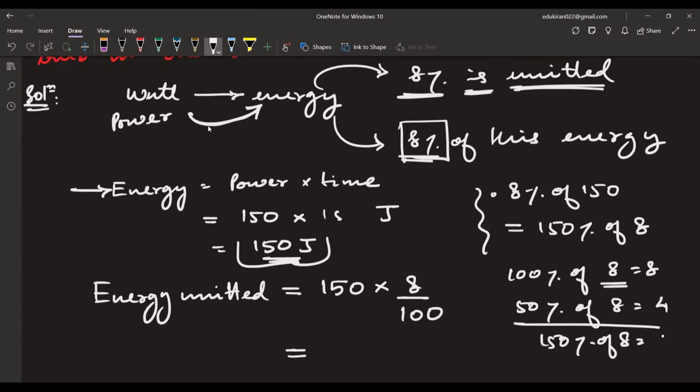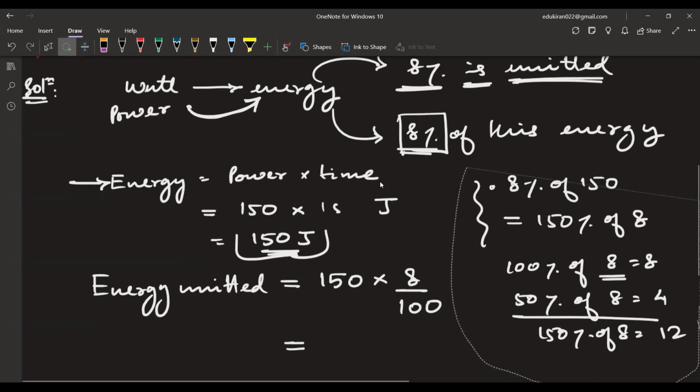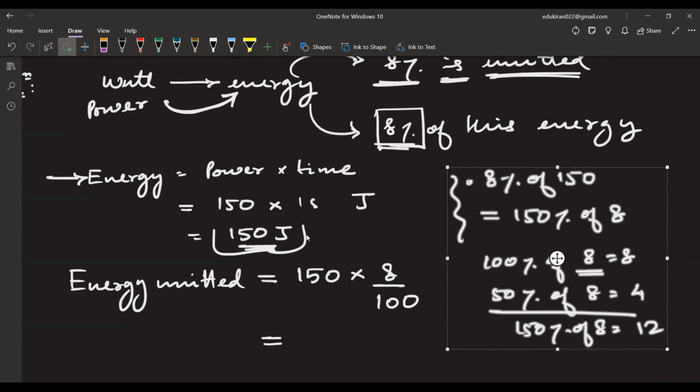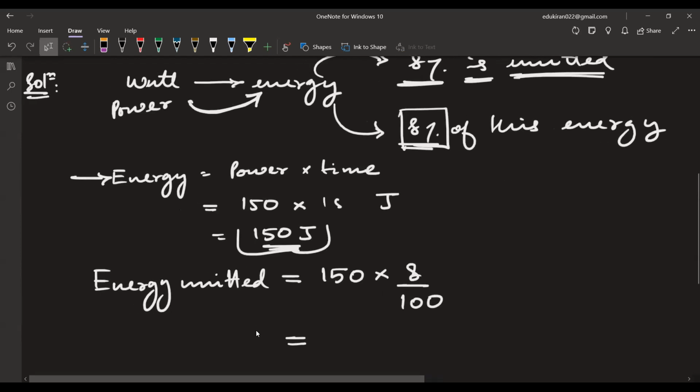Sometimes practice this a little. Whenever you have percentage type questions, practice this in your head. When this comes in the exam, you will see it and write directly, without needing to calculate anything. It will be 12 joules.